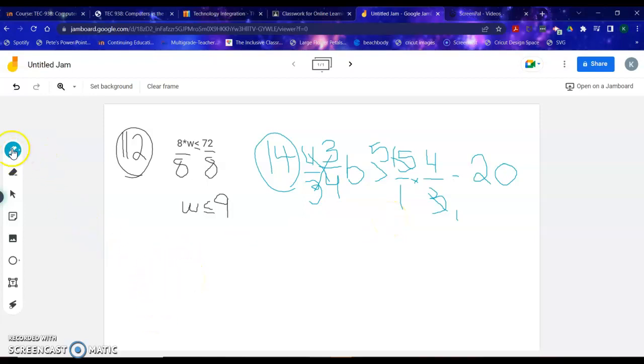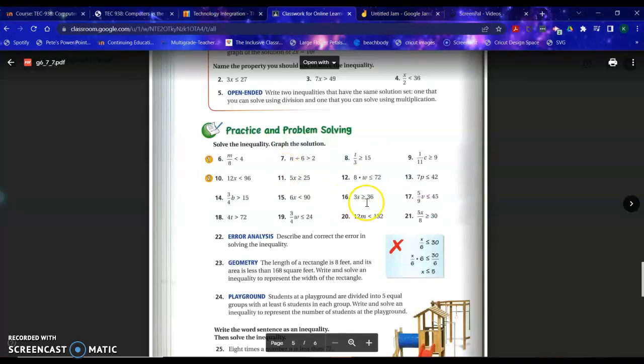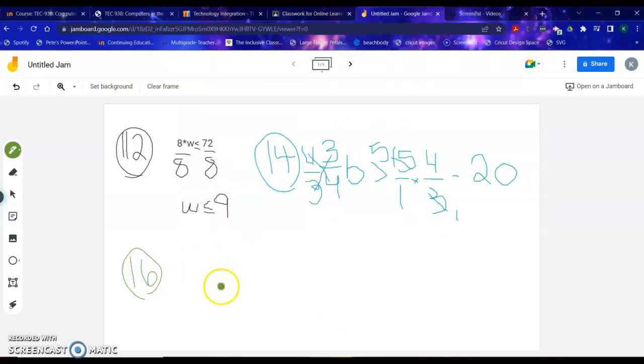So I still have room, so I will be able to put number 16 on here. We'll do 16 in green. So 16 is going to be right down here. Number 16 is 3s is greater than or equal to 36.